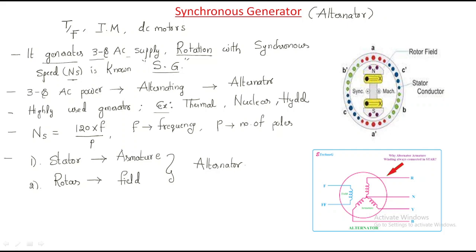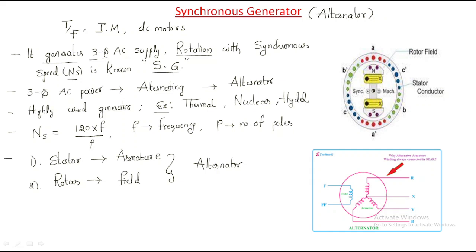If you observe the diagram, this is the rotor field. Field means it consists of a north pole and a south pole, and we get this field by applying DC supply. This rotates; we are applying the rotation here. This F is the field, and the DC supply is given to this field.